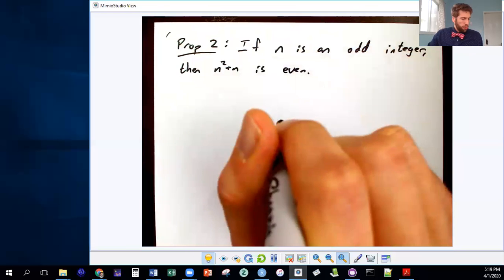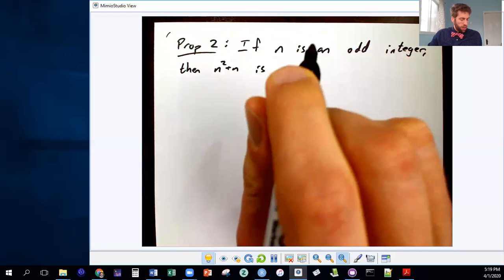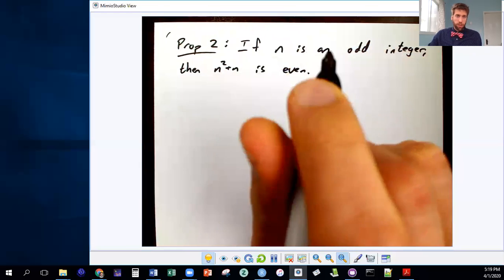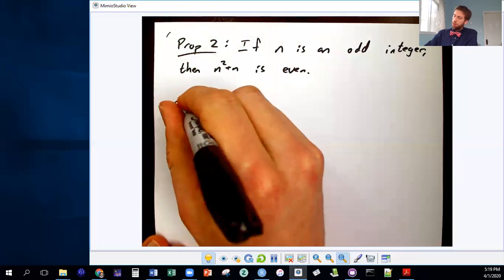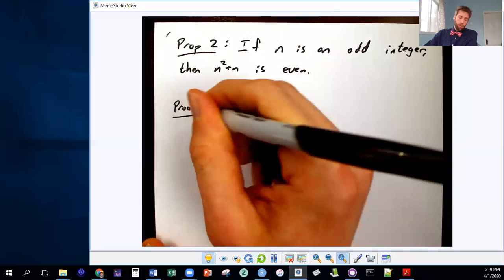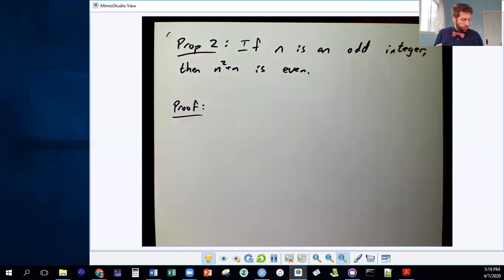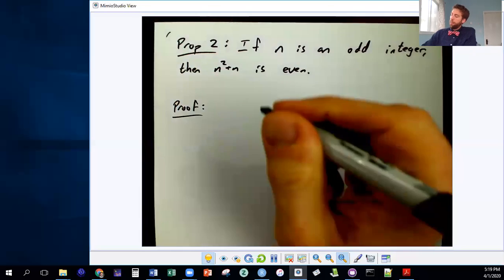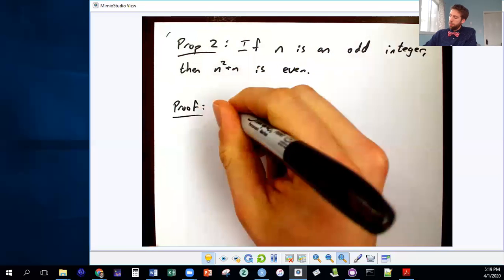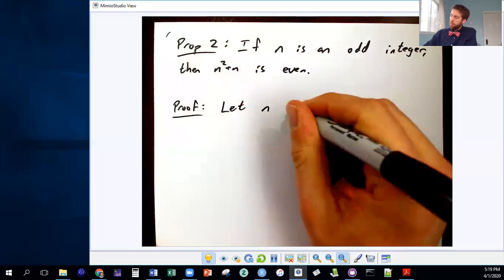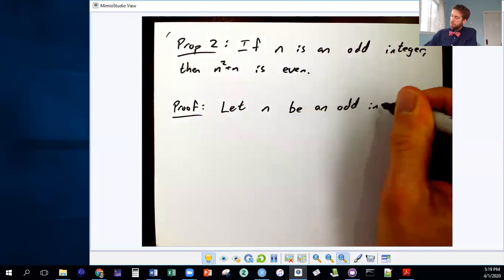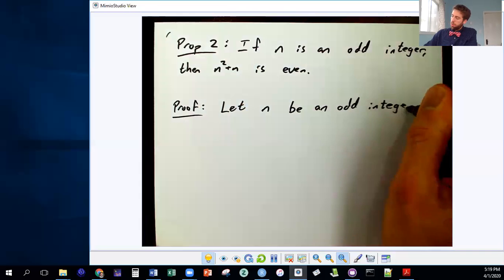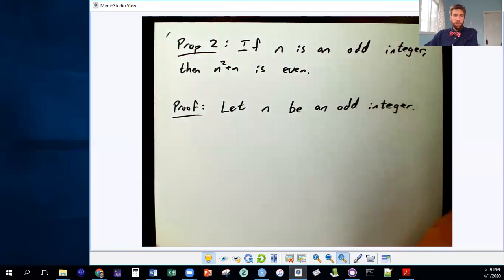Well, we'll start off with the usual. For our proof, we'll let n be an odd integer. Okay, well, what's next? What does it mean to be an odd integer?